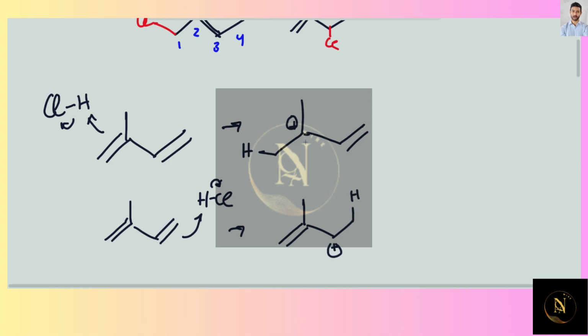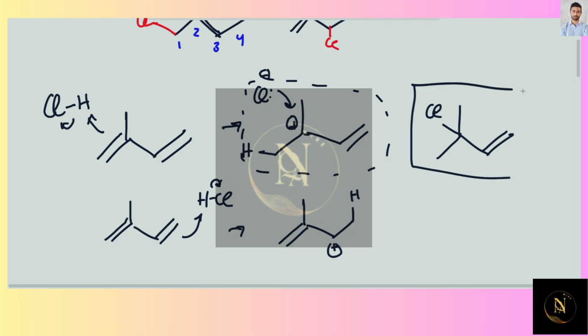So then the question is, which of these two products is more stable or favorable? It's the one that places the carbocation on the tertiary carbon as opposed to the secondary carbon. So if one of these was the major 1,2 addition product, it would be the one that starts out with this intermediate because it's more stable. And after the chlorine adds, we will get this product. So this would be the major 1,2 addition product because it proceeds through the most stable intermediate.